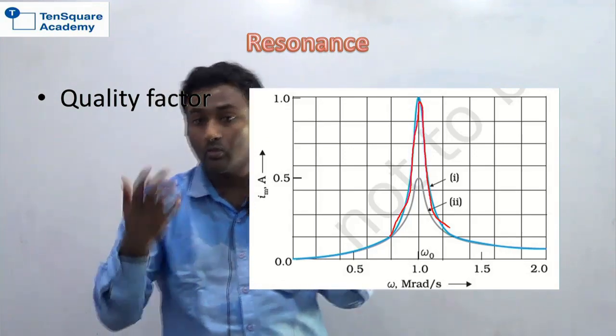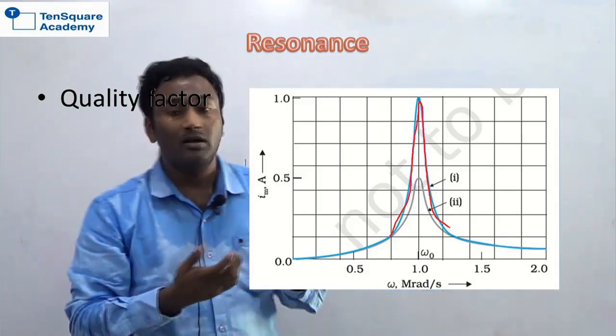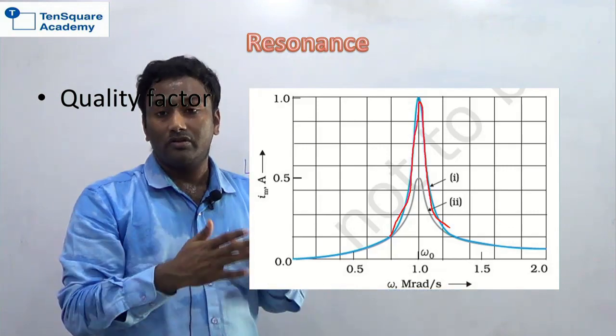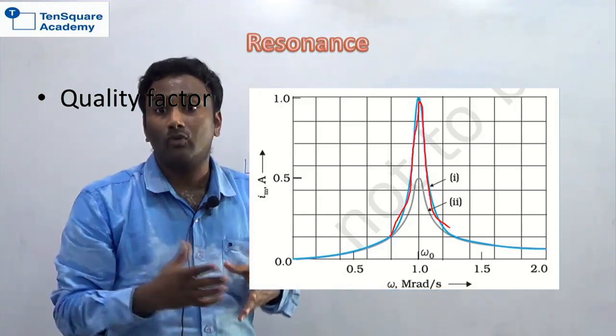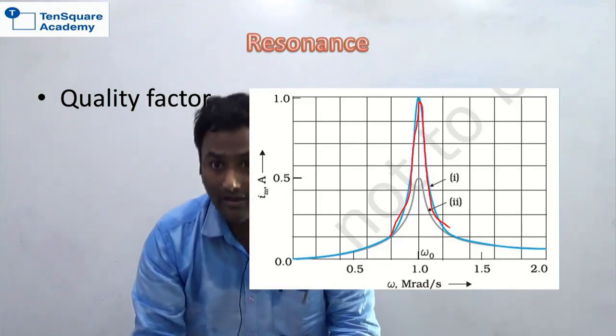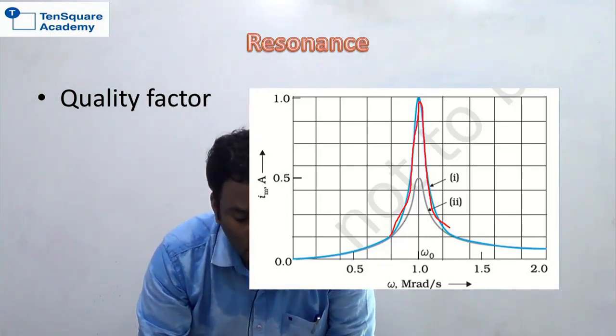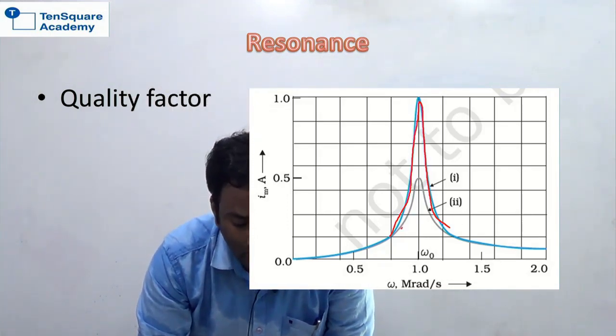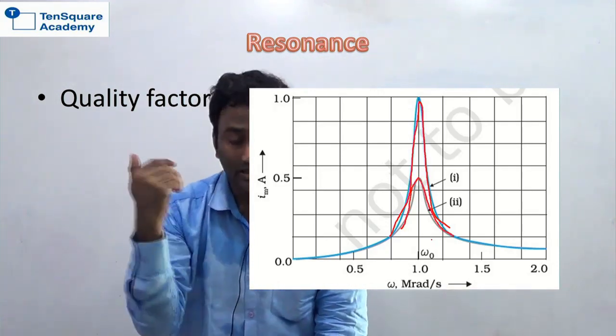We can find the quality factor for both, and whichever circuit has maximum quality factor, that is a better circuit. And in these two graphs, one is pretty sharp, the other one is not so sharp. So, which of them is a better circuit? Obviously, the first one.